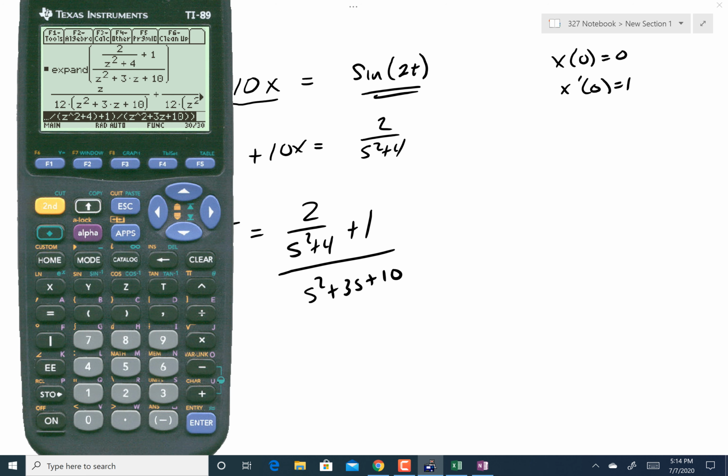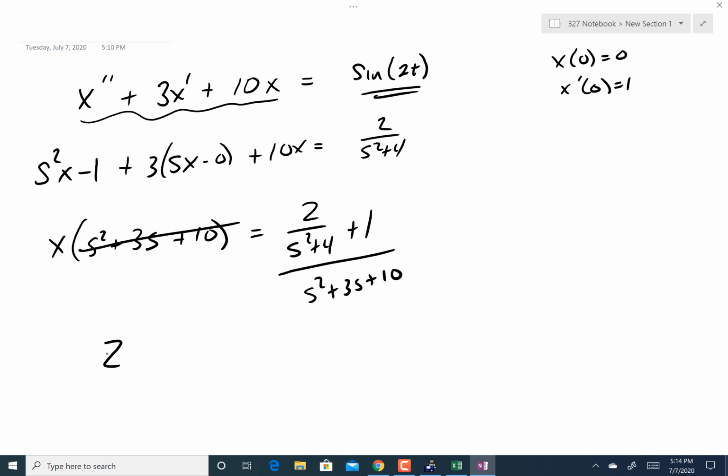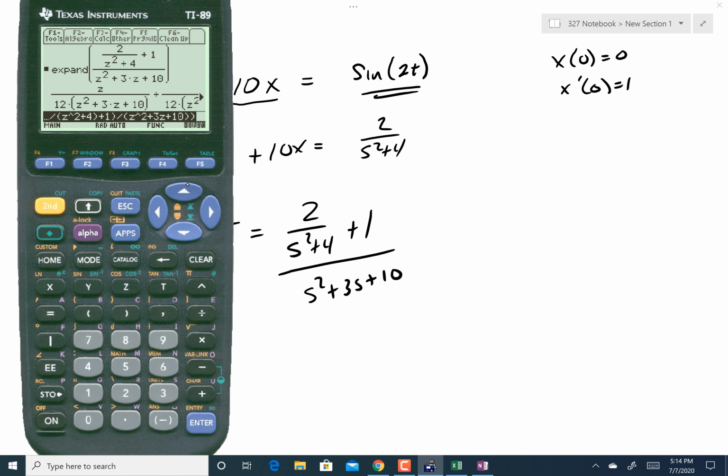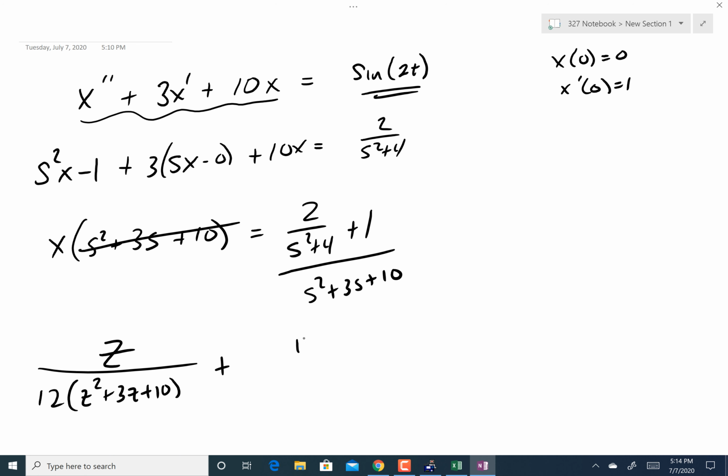So notice I've got z over 12, and the denominator is exactly what you think it would be, with the exception of the 12, of course. That part's a skosh different. And then plus, make sure I don't screw that up this time, 13 over 12 z squared plus 3z plus 10.